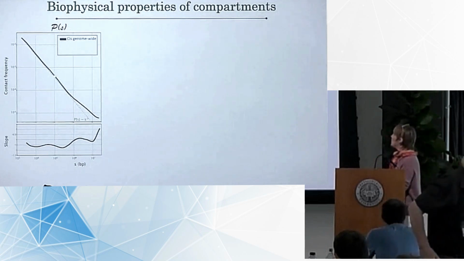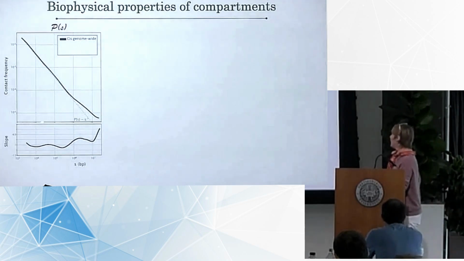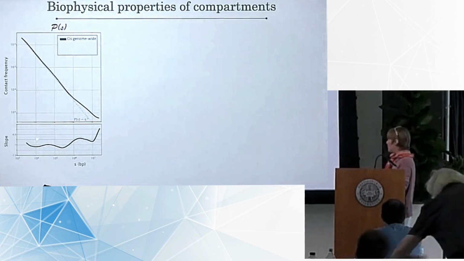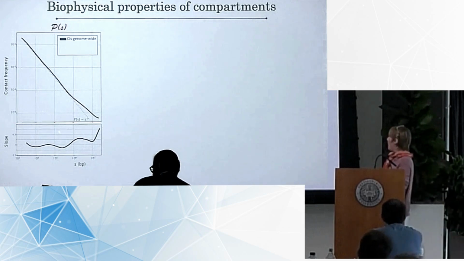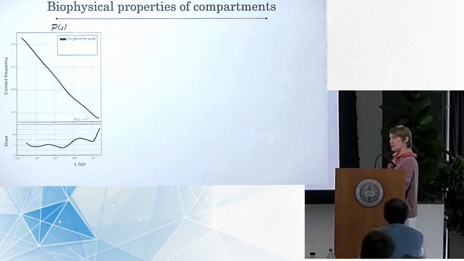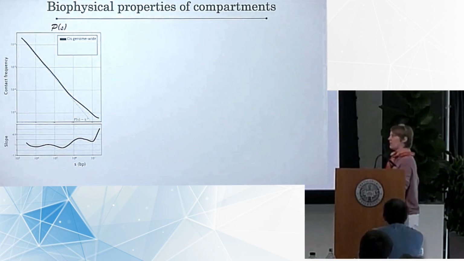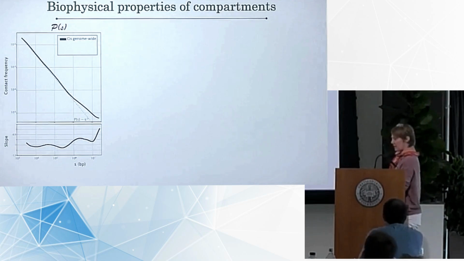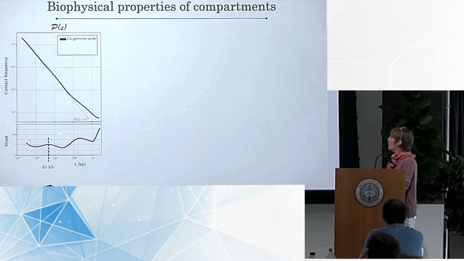And to study this shoulder in the P of S, we often draw the derivative. And on this derivative, people have shown that this shoulder then looks like peaks, and that this first peak has been mainly attributed to the action of loop extruders, in particular the cohesin, and that the local maxima corresponds to the mean size of the loop. And so this plot is indicating some loop extrusion occurring in the Bombyx mori genome with a mean loop size of 40 kb.